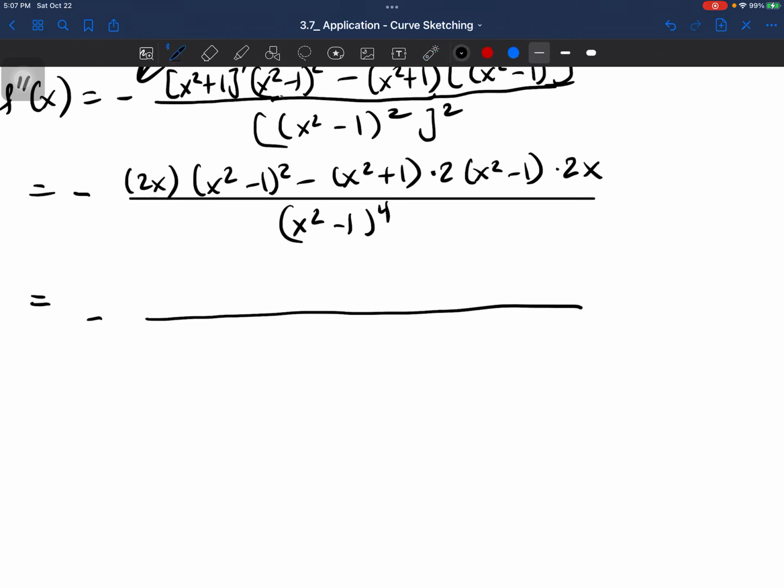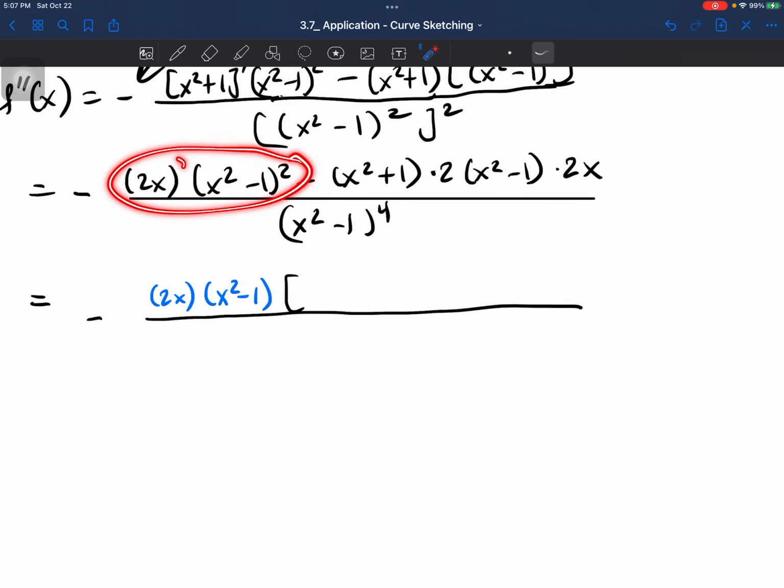We also have a 2x here and a 2x there. So this one has an extra x squared minus 1, but we're going to be able to factor that much. I'm going to write it in blue. We're going to factor a 2x. We're also going to factor one of the x squared minus 1 from the first term. So what's left behind after you remove this and one of them?